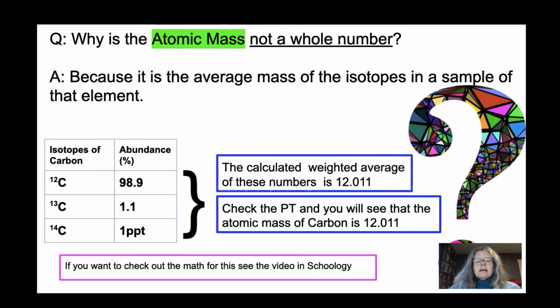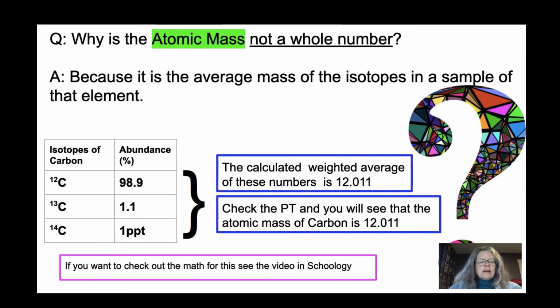When calculating that average, many chemists along the way figured out how frequently different isotopes show up if you take a general random sample of carbon.